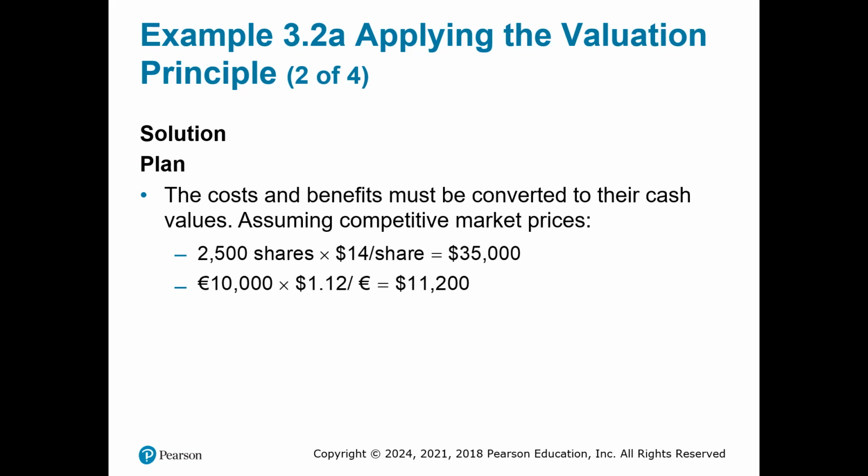Solution plan. The costs and benefits must be converted to their cash values. Assuming competitive market prices, you have the 2,500 shares times the $14 per share, which will be $35,000. Then you have the €10,000 times $1.12 per euro, which will give you $11,200.